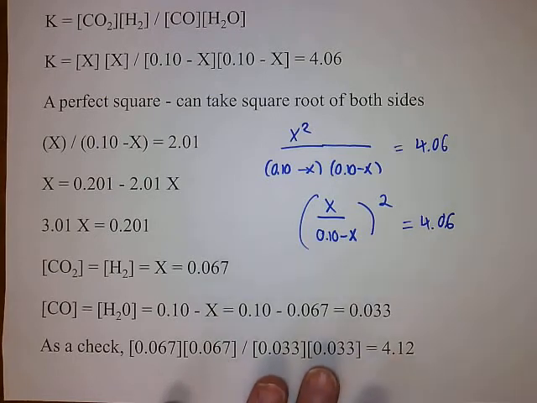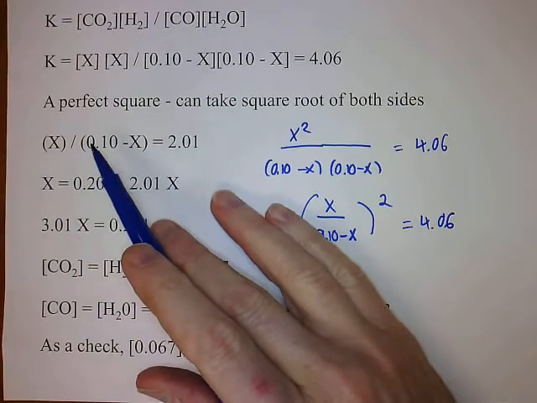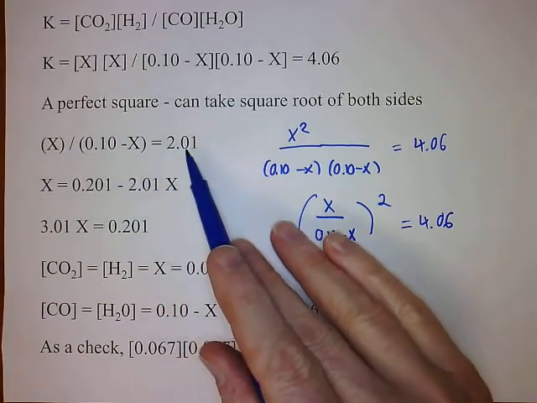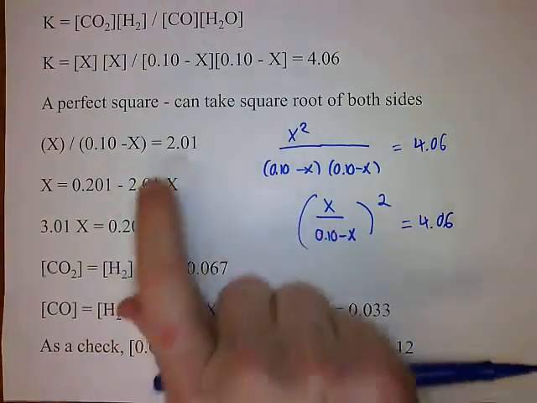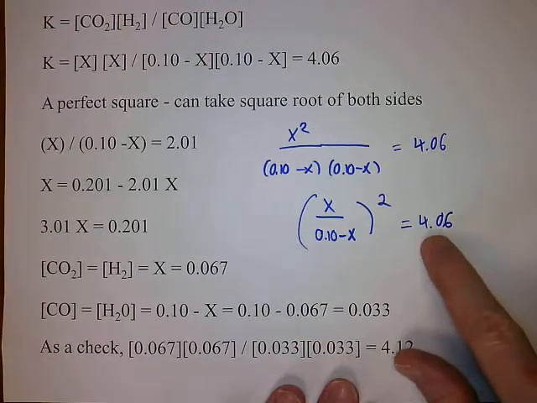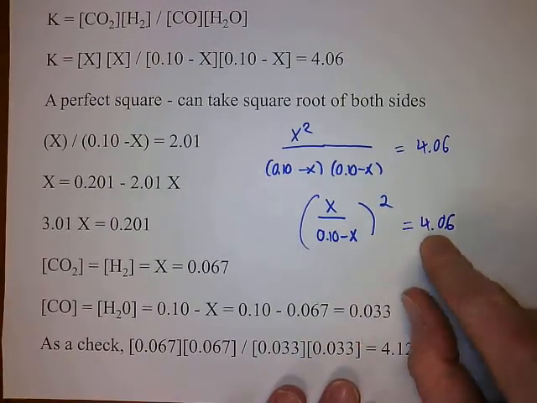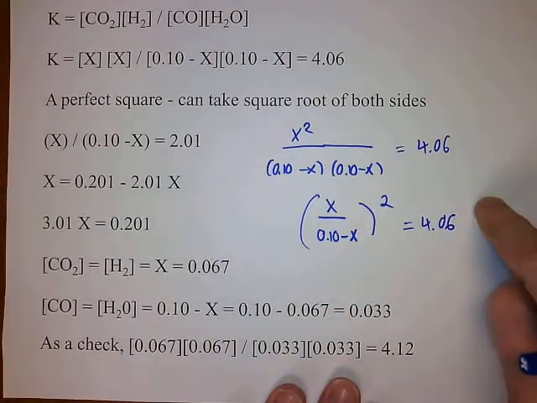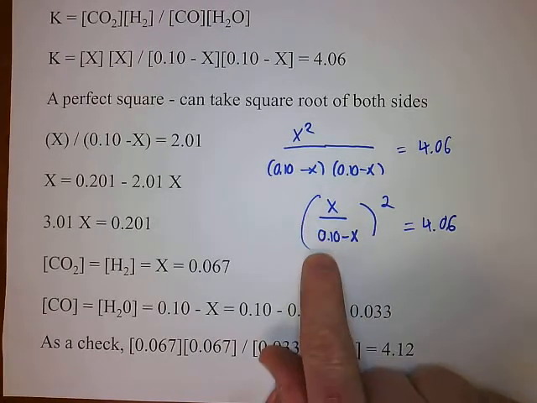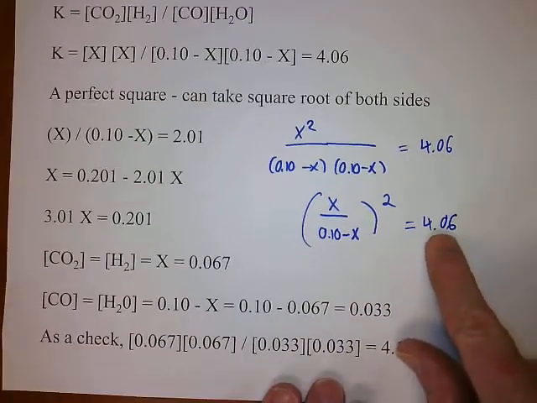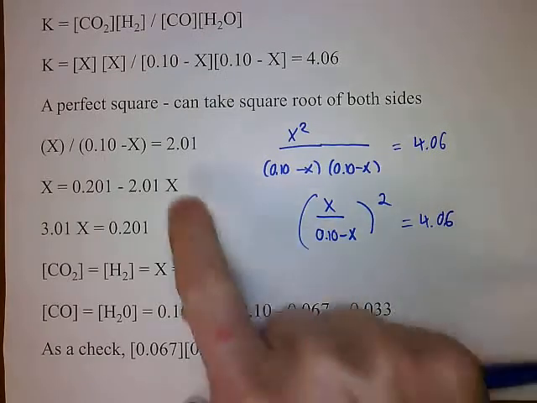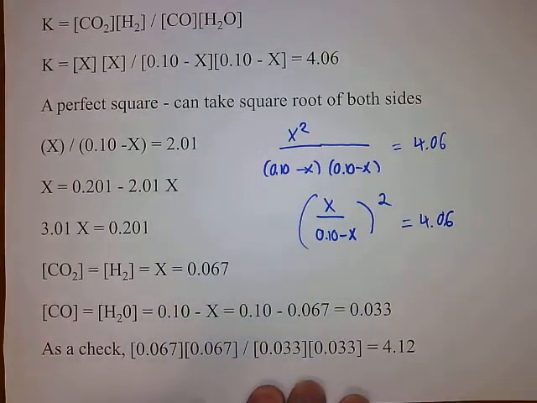Okay, so basically then x divided by 0.1 minus x is equal to 2.01, right? What's 2.01? It's the square root of 4.06. So you take the square root of both sides, so x over 0.1 minus x is equal to the square root of 4.06, which is 2.01.